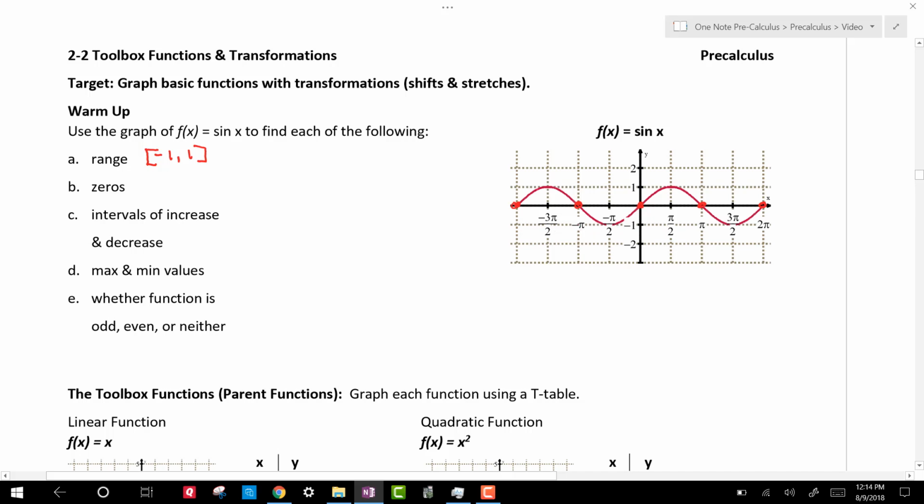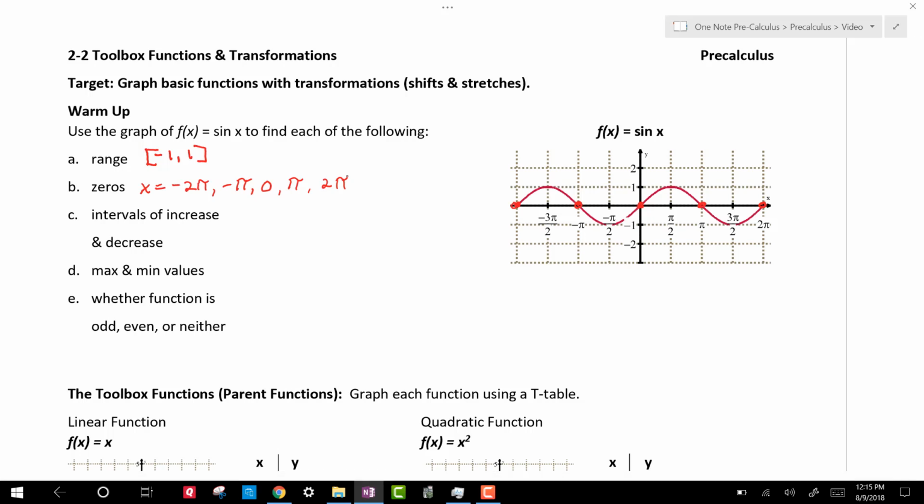So if 2 spots out, I've got a 0 at -π, so this is going to be -2π. So we would say x equals -2π, -π. We've got one at 0, +π, and +2π.